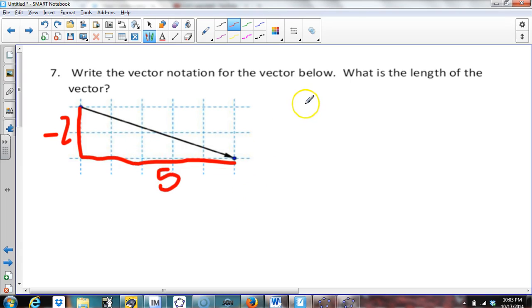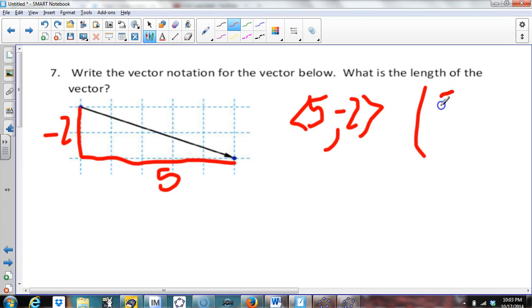Then the vector, if we go horizontal notation, remember we use the pointy brackets. It's kind of like an ordered pair, but we use the pointy brackets so we don't confuse the vector with an ordered pair that uses the round parentheses. But we do horizontal movement first, then vertical. So vector notation would be like this.